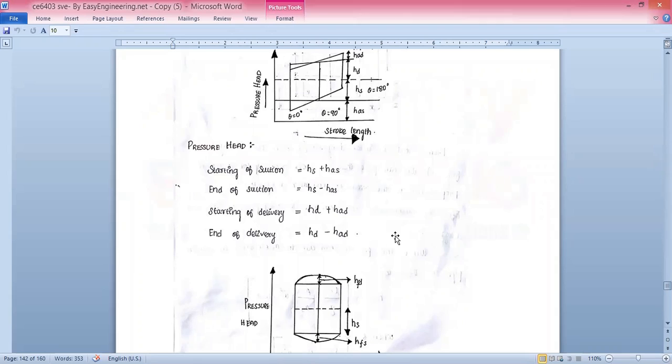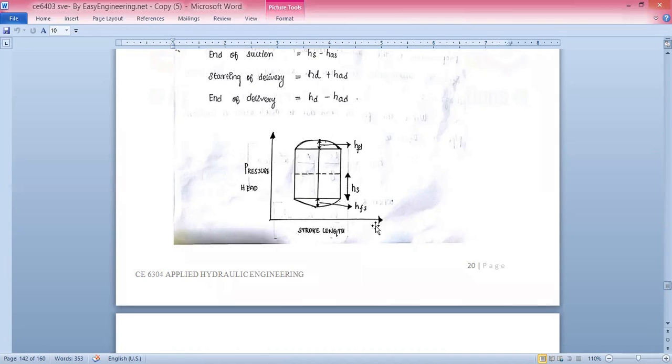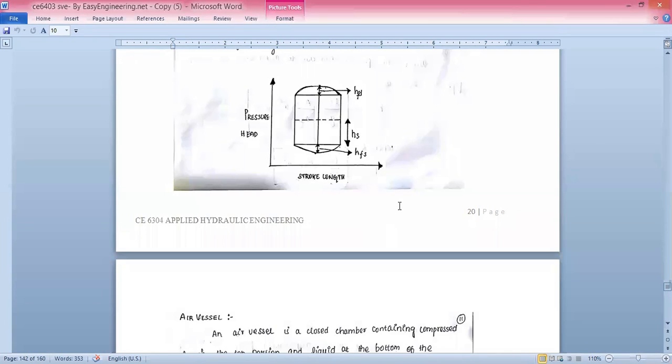Okay, and further we have another graph between pressure head and the stroke length. That shows the length of suction inside the cylinder. This was the height and this was the total length of the cylinder, shown by means of this graph.